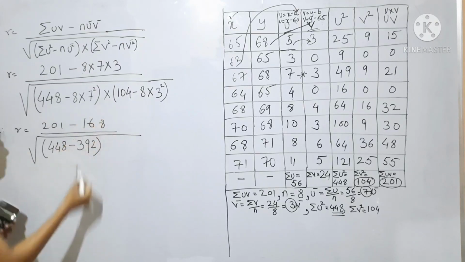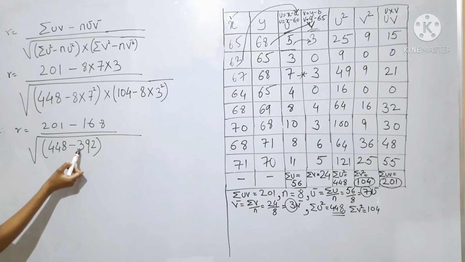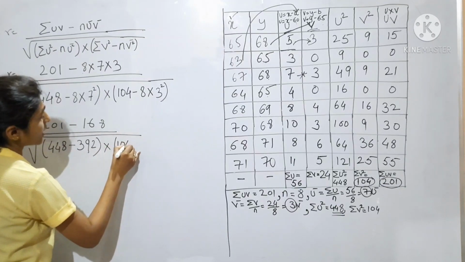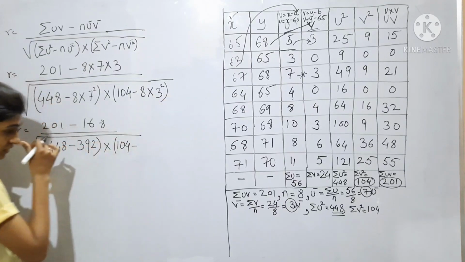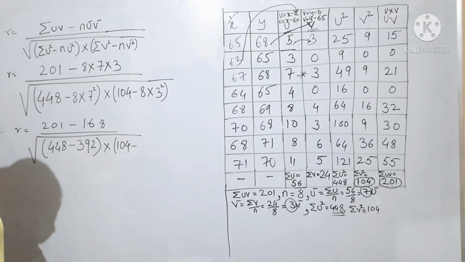Next, write as it is 104 minus square of 3, which is 9. 9 multiply by 8 is 72.